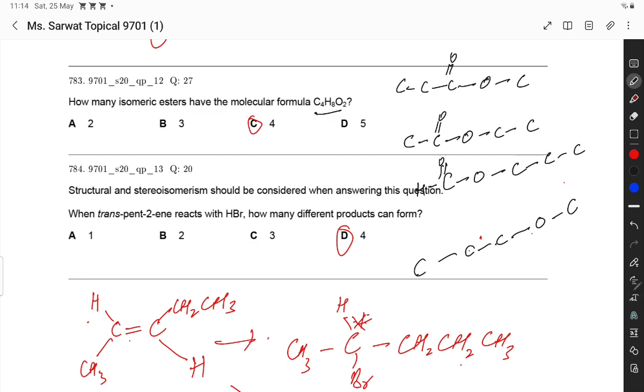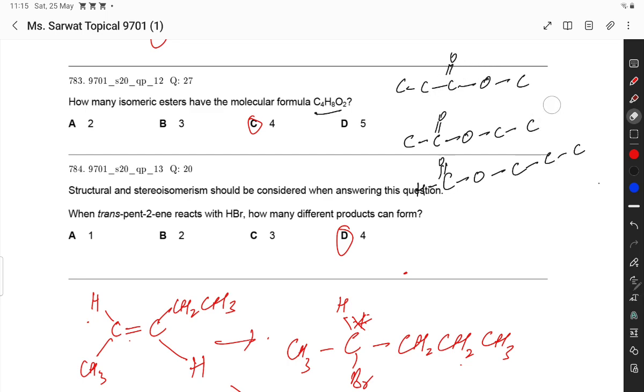This is methyl propanoate, I have drawn this compound earlier.